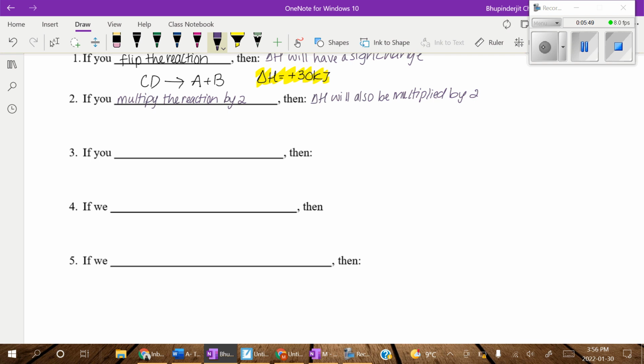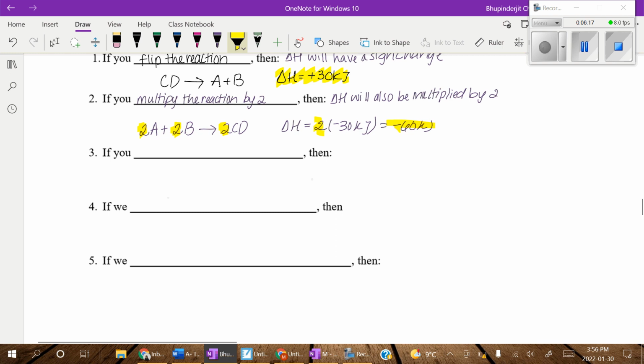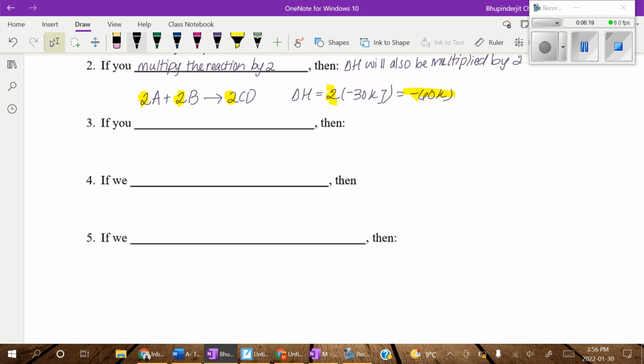So we're going to have 2A plus 2B going to 2CD. Everything is multiplied by 2, including our delta H, which equals 2 times negative 30 kilojoules, which gives me negative 60 kilojoules. Are we picking up on a trend here?